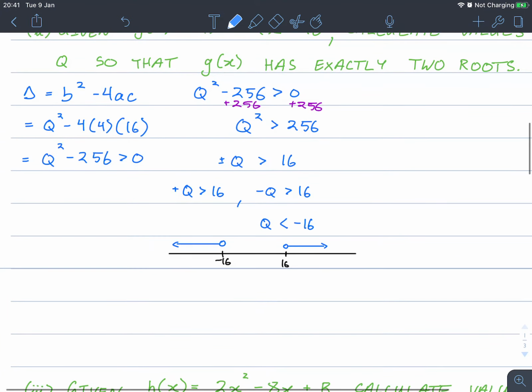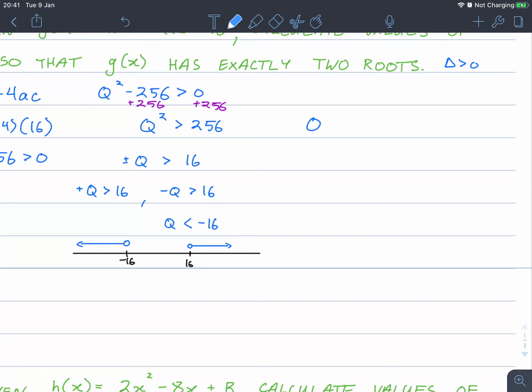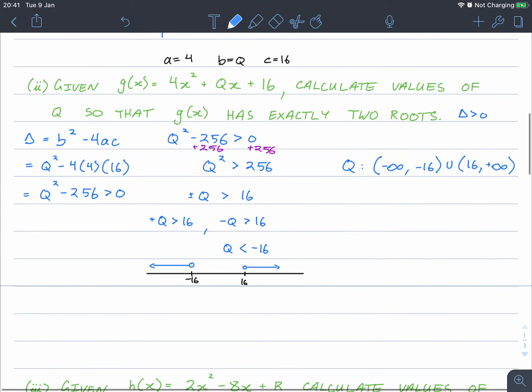So this, in bracket notation, is going to be q in negative infinity to negative 16, non-inclusive, union with positive 16 to positive infinity. So that is our answer for part 2.